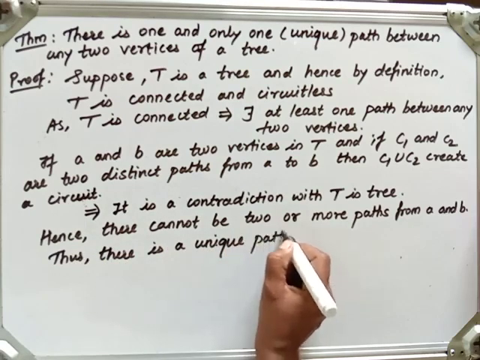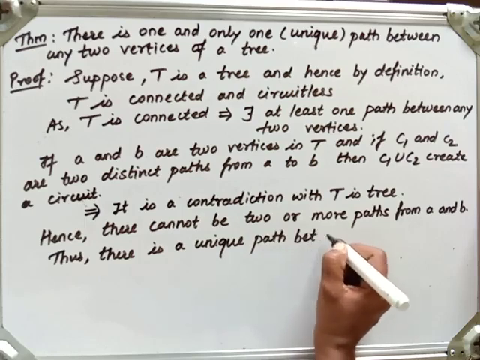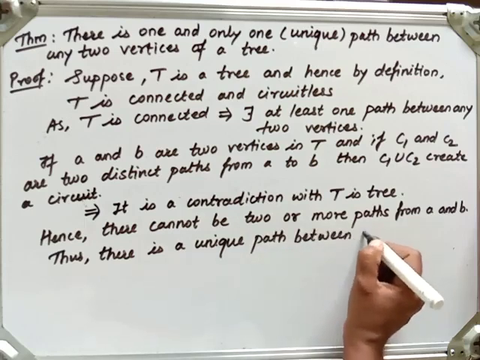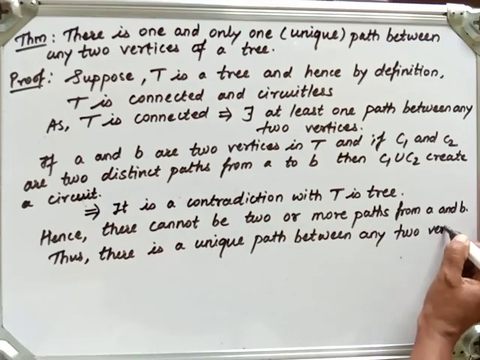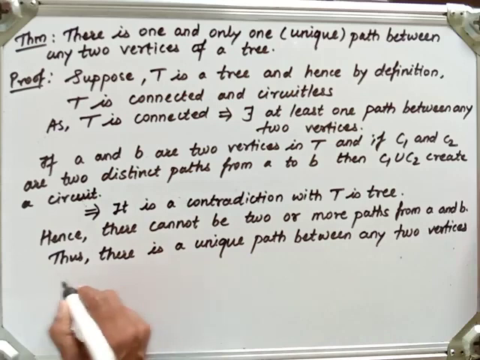There is a unique path between any two vertices of a tree.